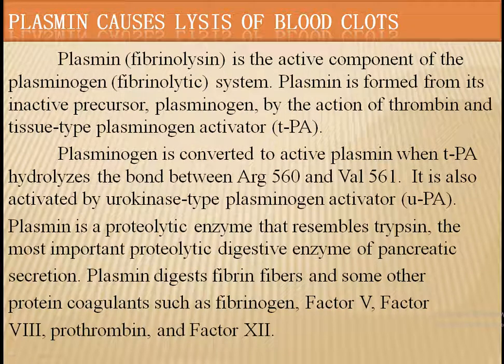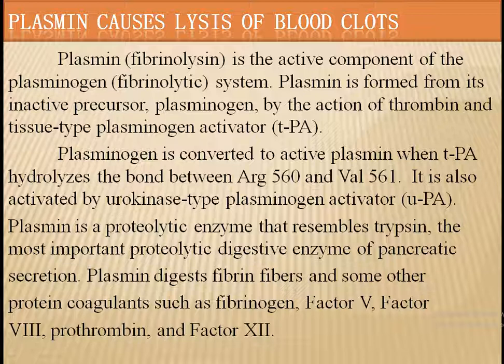Now comes the role of the plasmin. Mainly, the role is the lysis of the blood clots. The plasma proteins contain plasminogen, which is the inactive form, and its active form is the plasmin.